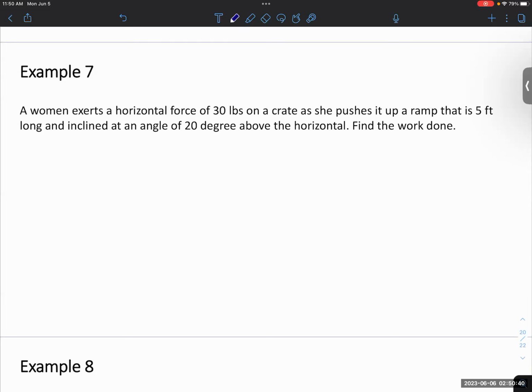This time, it's a little bit different. Work is going to be the force vector times the D vector, or the magnitude of the force times the magnitude of the distance times the cosine theta, the angle they're creating. So a woman exerts a horizontal force of 30 pounds on a crate as she pushes it up a ramp that is 5 foot long and inclined at a 20 degree angle above the horizontal.